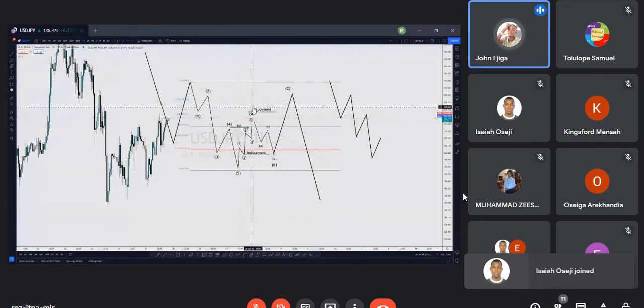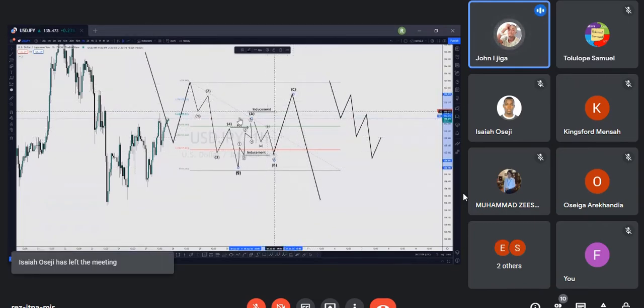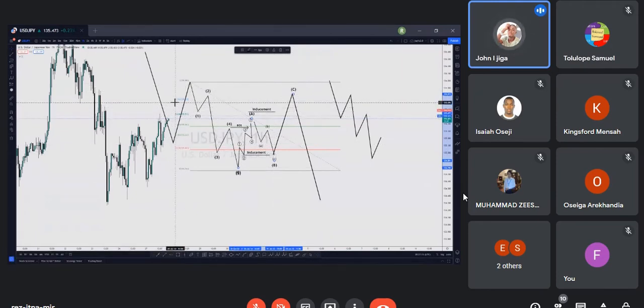So this is the simplest way you could ever learn Elliott wave, honestly. So knowing wave C has to be pulled into premium of this wave, then you know that you should be expecting price to retrace from over here. So then this could be your prediction, and you will see this playing out because this now falls in line with SMC, and at the same time falls in line with Elliott wave.